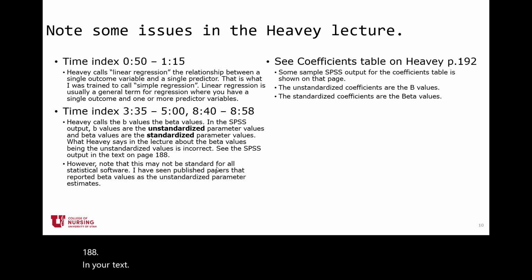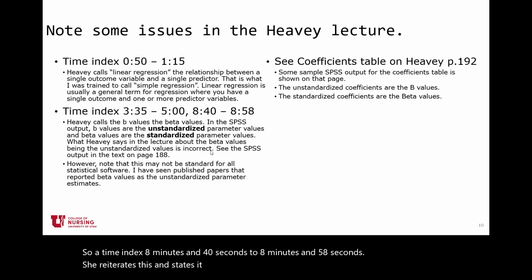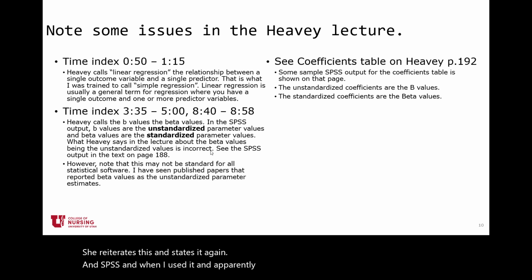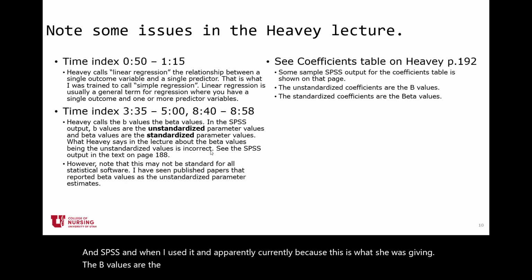Also, at time index 8 minutes and 40 seconds to 8 minutes and 58 seconds, she reiterates this and states it again. And in SPSS, and when I used it, and apparently currently, because this is what she was giving, the B values are the unstandardized parameter estimates, and the beta values are the standardized parameter estimates.